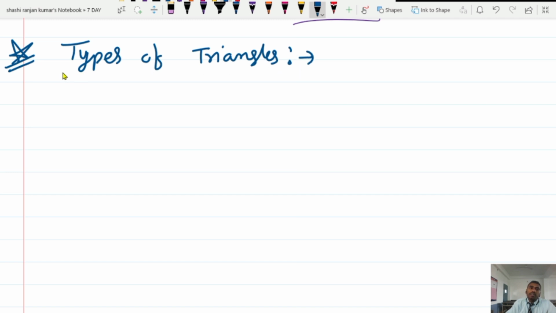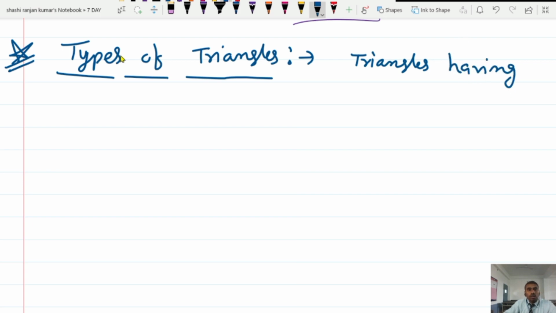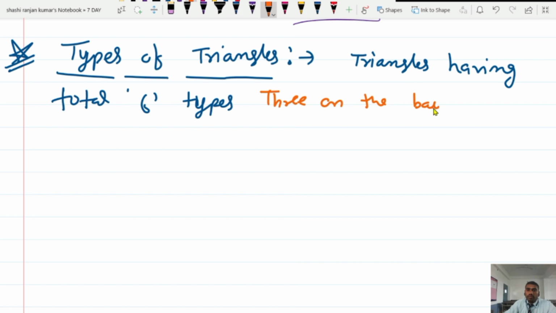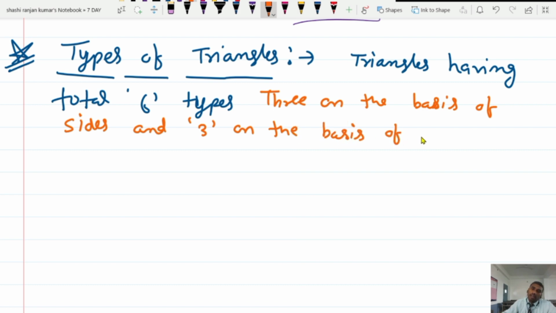So triangles are divided into a total of 6 types: 3 on the basis of sides and 3 on the basis of angles.